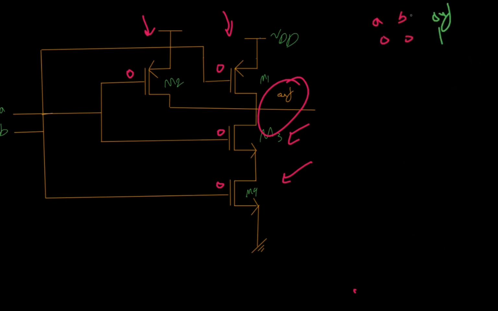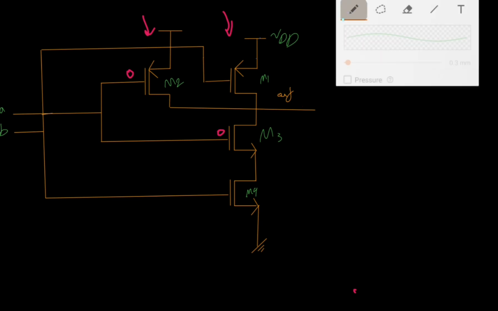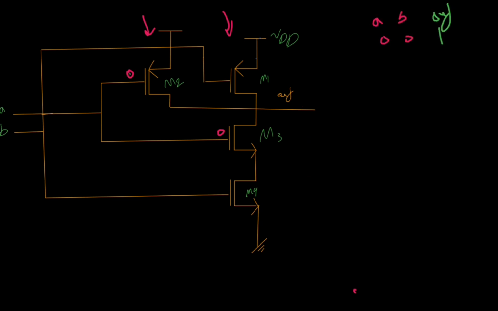What about others? Well, it is obvious that even if one of A and B were 0, let's imagine that we actually had A equal to 0. If A was 0, then the PMOS would be on, and therefore out would be connected to the battery directly.